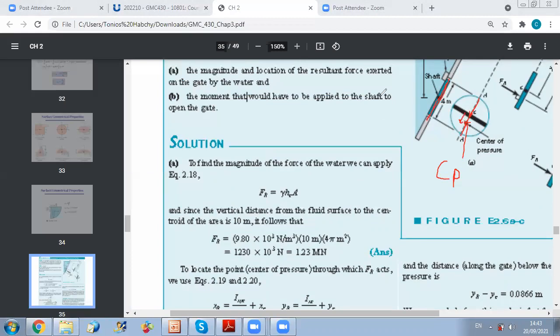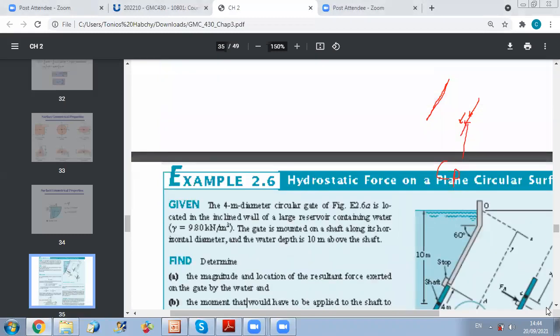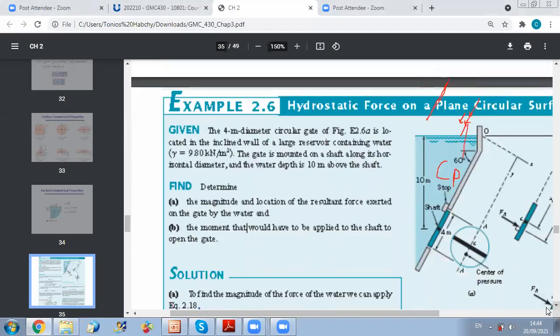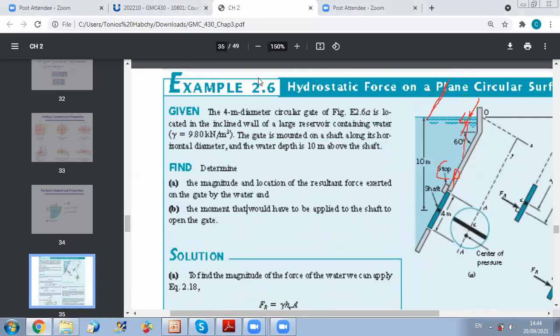Now, after getting the resultant force and its point of application, they are asking the following. They want to determine the moment that would have to be applied to the shaft to open the gate. Okay, so look here, let us analyze what is happening. Water is applying a force; this is the location of the center of pressure, the point of application of the force.